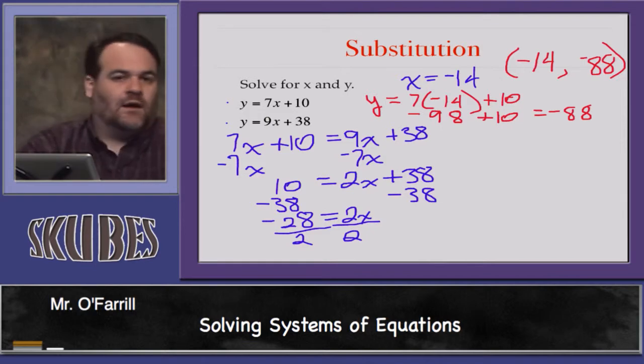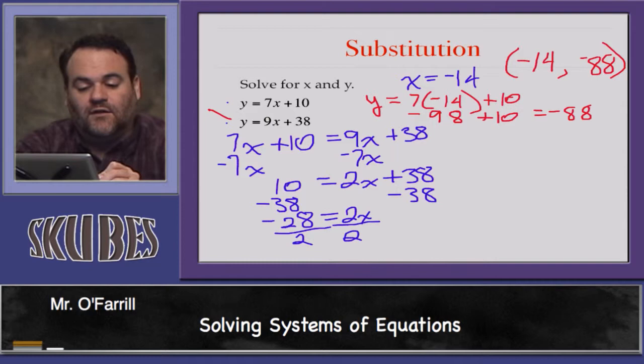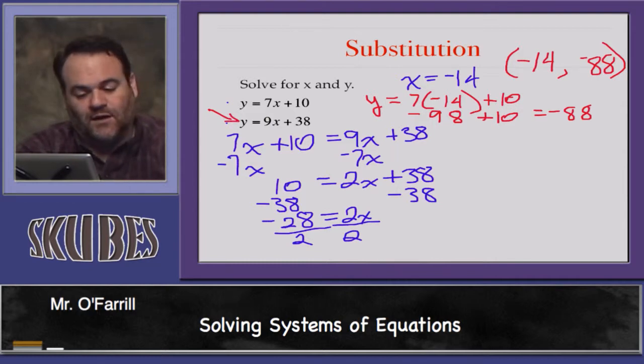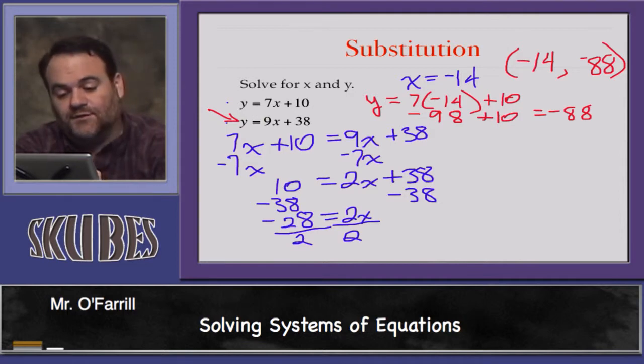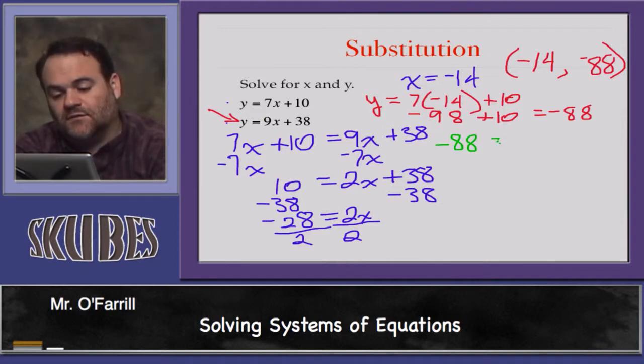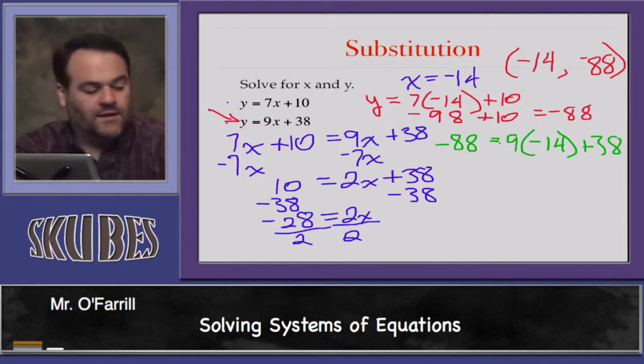How are we going to check this answer? Well, it's a good thing we have another equation right here that has both an x and a y, and we can use that to make sure that we did it correctly. So let's put this all together. We're saying that negative 88 equals 9 times negative 14 plus 38.